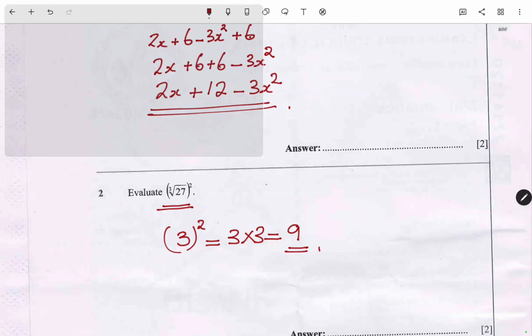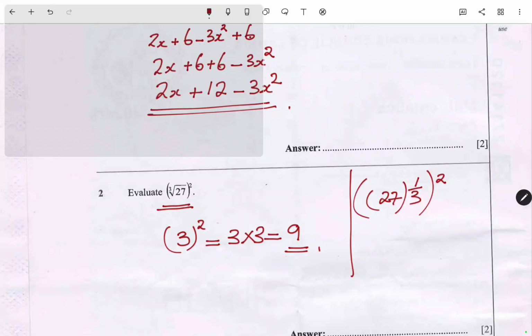Or if you wanted to complicate your life, you start saying, since it is cube root, this is the same as 27 to the power 1 over 3. Again, there's a power of 2.